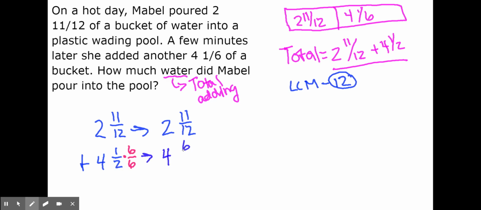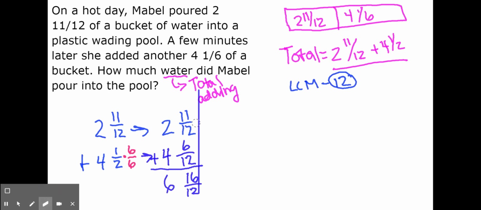So 1 times 6 is 6. 2 times 6 is 12. Okay. Now I can add. Start on the right. 6 plus 11 is 17 twelfths. 4 plus 2 is 6. Okay, so I do see an issue right now, though. 17 twelfths is an improper fraction.